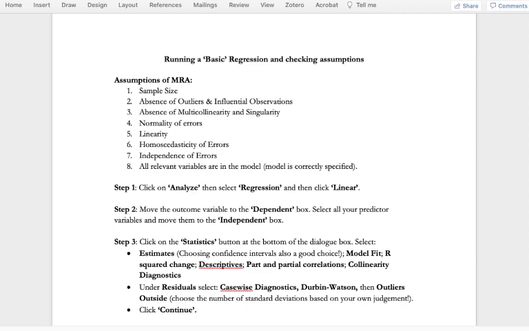Absence of multicollinearity and singularity. I'm sure you already learned this in class, but essentially we don't want our variables to be too closely correlated. It makes it really hard for the regression to tell what is predicting what when things are basically the same.